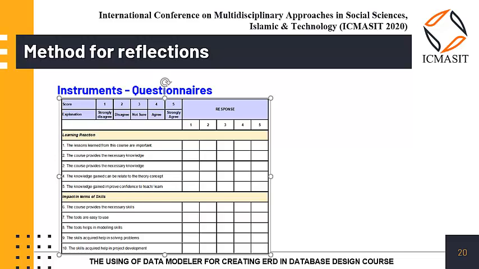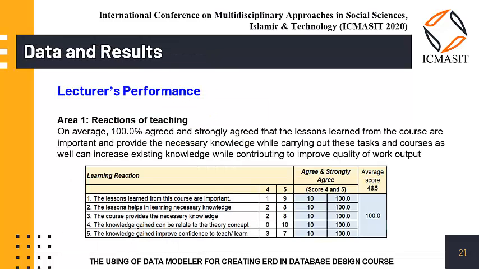So as a result, for lecturers' performance, area 1, reactions of teaching: on average 100% agreed and strongly agreed, giving scores of 4 and 5, that the lessons learned from the course are important and provide the necessary knowledge while carrying out these tasks, and that the course can increase existing knowledge while contributing to improved quality of work output.